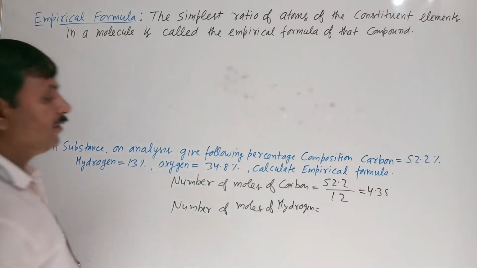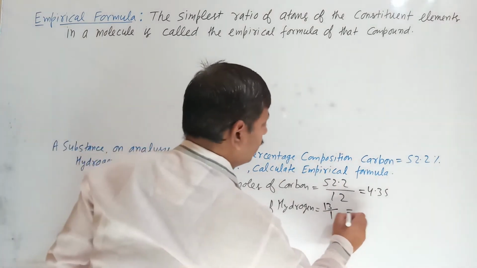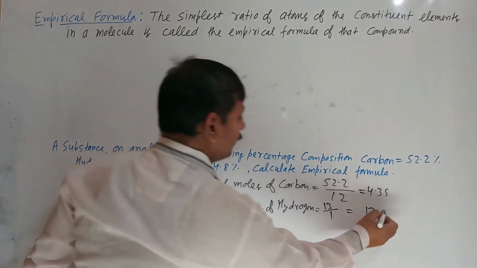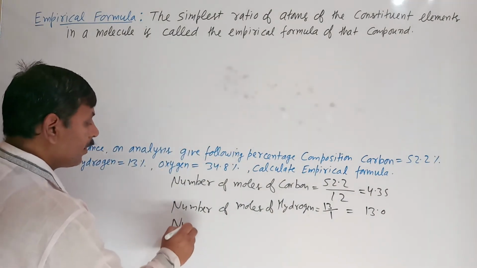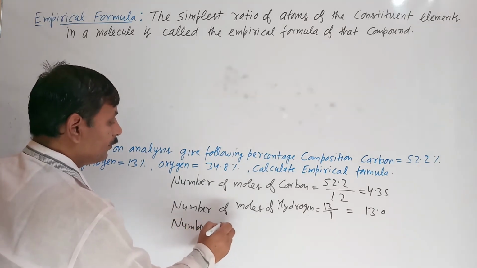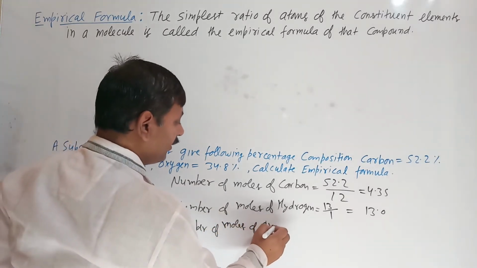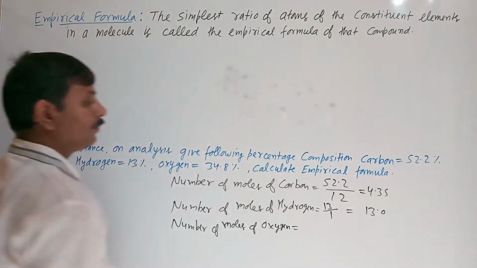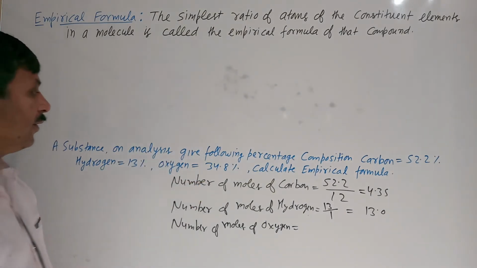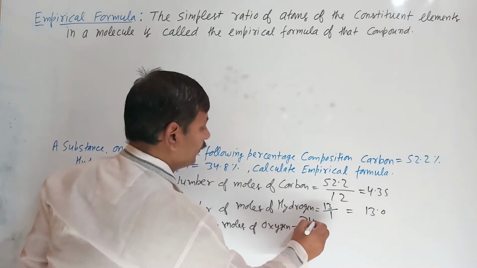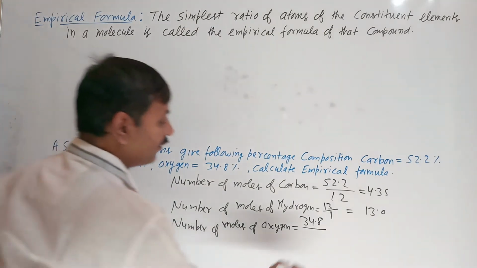The percentage is 13 and the atomic mass is 1, so it will come 13.0. In the same way, for oxygen, the number of moles of oxygen present in that compound is the percentage of oxygen upon the atomic mass of oxygen. So 34.8 upon 16.